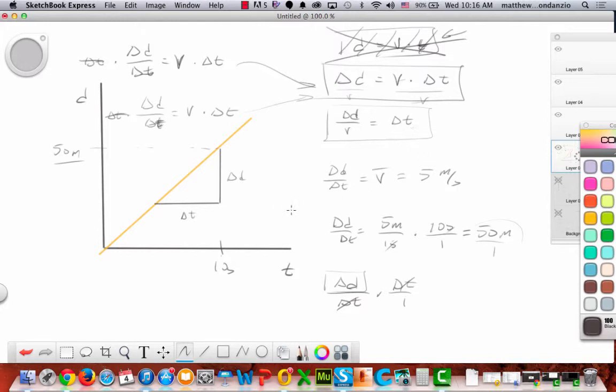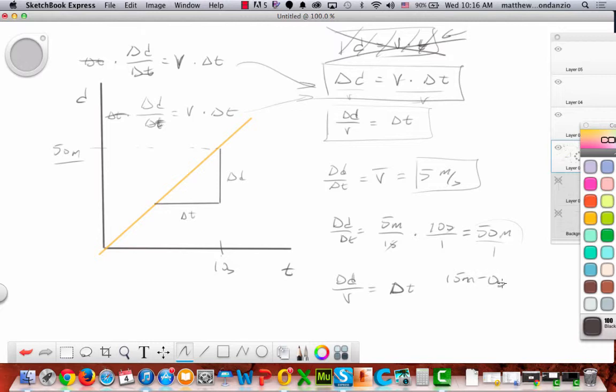So the question is, how long did it take to go 5 meters? So if my velocity is 5 meters a second, the question is, how do I determine how long it took to go 15 meters? Let's do that. So if I said, all right, my delta distance over velocity equals delta time. And I want to know, look, how long does it take to go 15 meters from where I started?